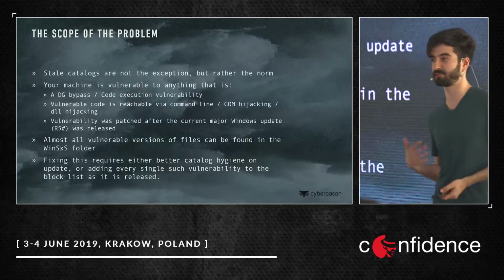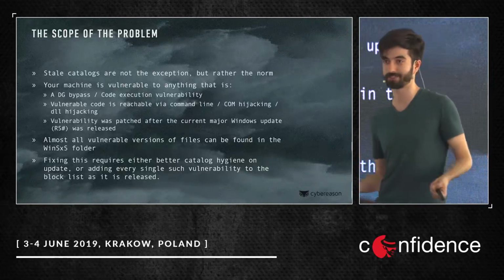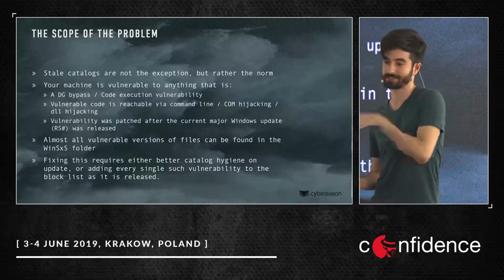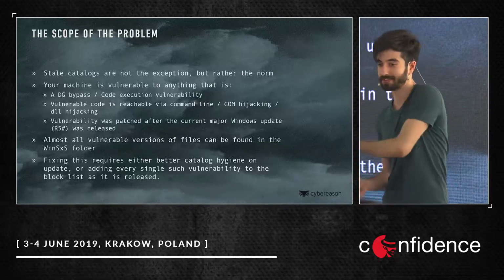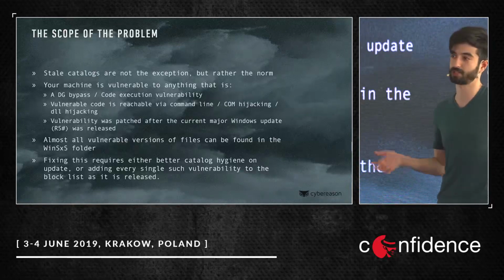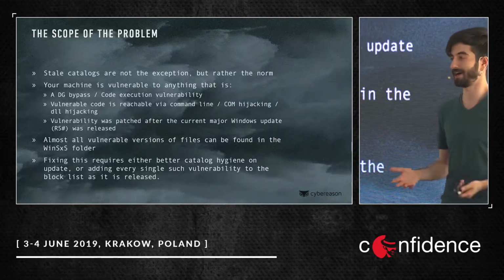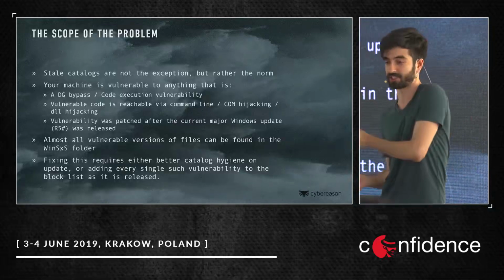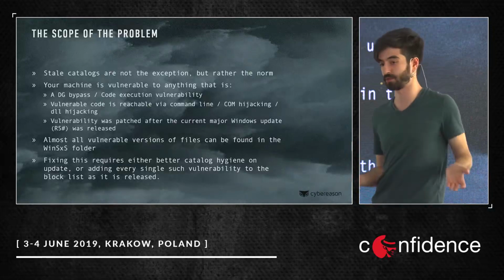And you don't even need to bring your own vulnerable code that's signed, because most of the old code is actually stored in C:\Windows\WinSXS. So all you need to do is choose your favorite code execution bypass, whatever, register it, and use that on a fully patched machine because the vulnerable code is not gone.